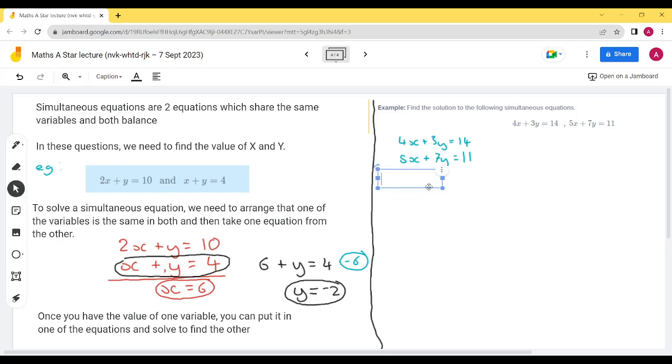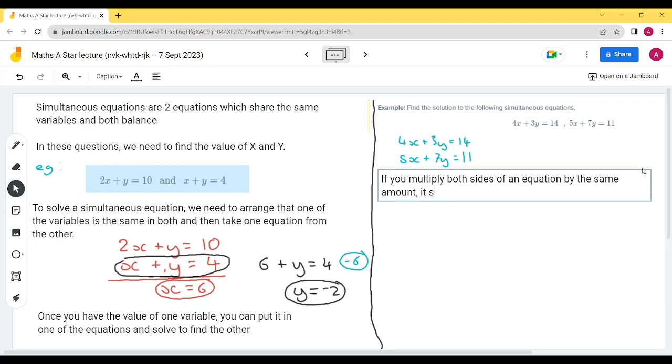And so basically, if you multiply both sides of an equation by the same amount, it still balances. So like, for example, if you had an equation which says x equals 2 and you multiply both sides by 2, then you get 2x equals 4. It wouldn't have changed the value of x at all at that stage.